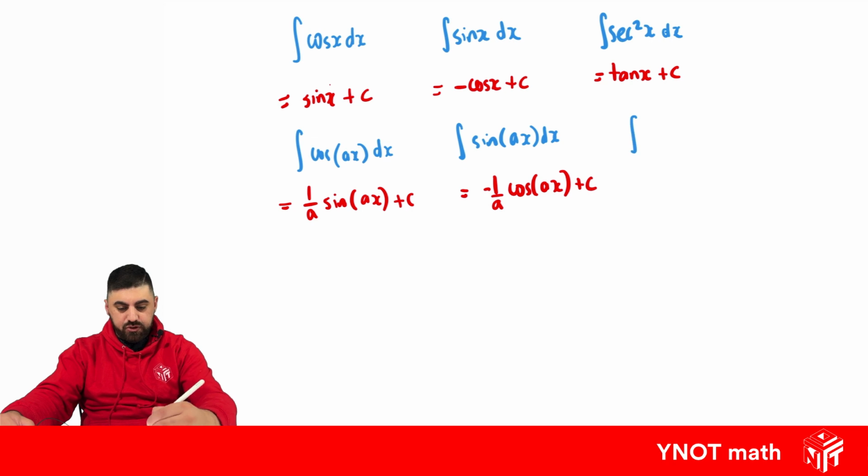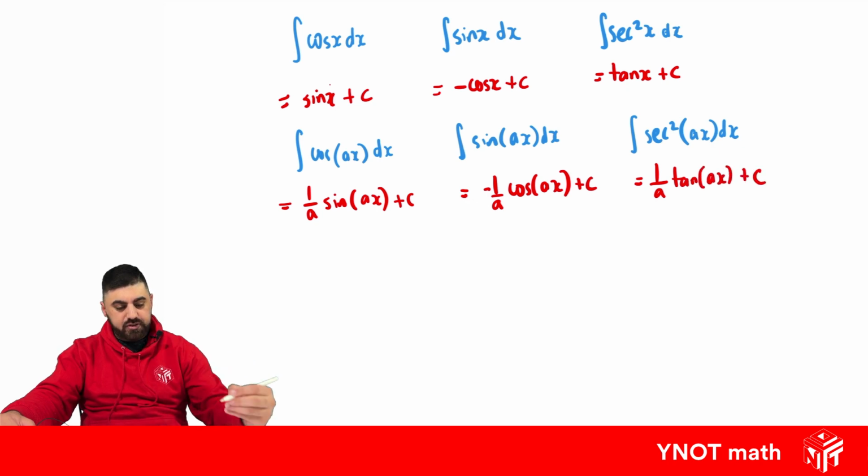If we have the integral of sec squared of ax dx, this will give us 1 on a tan of ax plus a constant. So let's have a look at some examples using those.